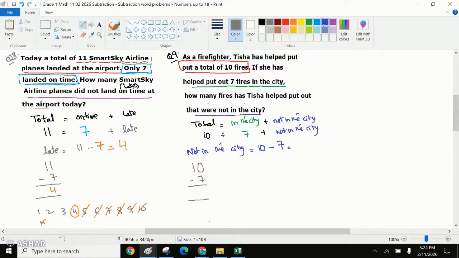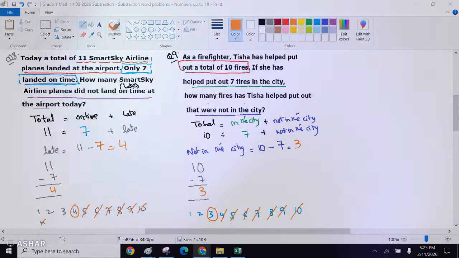Or we can write the numbers 1 to 10. 10 minus 7 means we remove 7 numbers, and we are left with 3 fires that were not in the city, right? 7 of the fires were put out within the city, and 3 of the fires were put out outside the city. Let's do a question or two more, and we'll move on to the test.